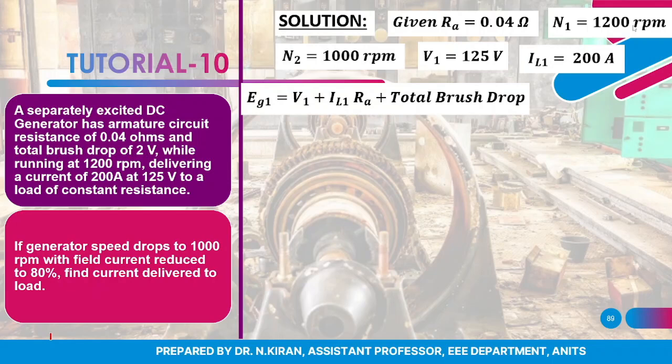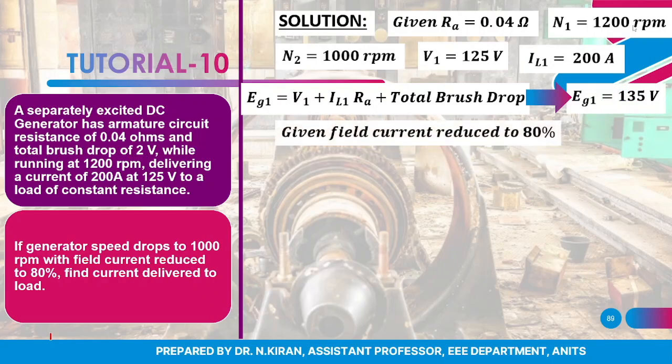Since flux is not constant, my expression will change here. I will come to that later. First I'll find the value of Eg1. V1 value we know, IL1 value we know, RA value we know, and total brush drop is given as 2 volts. Just upon substitution will give me the value as around 135 volts.